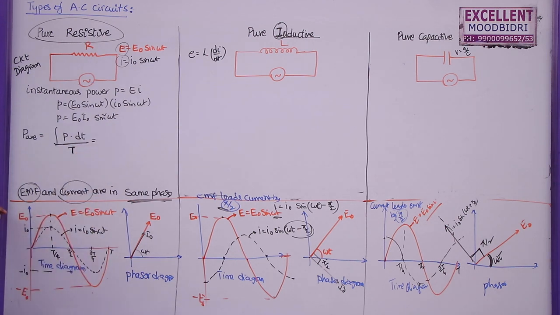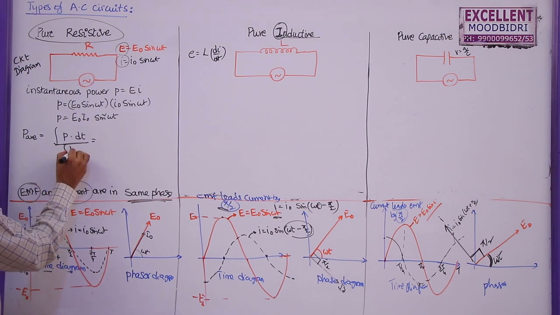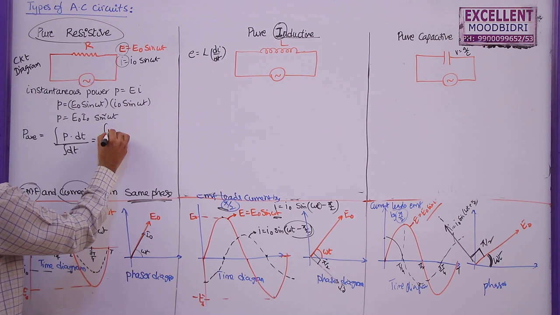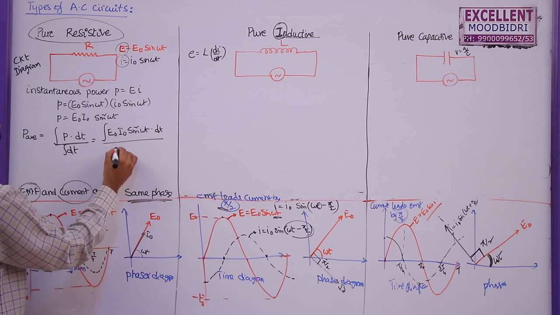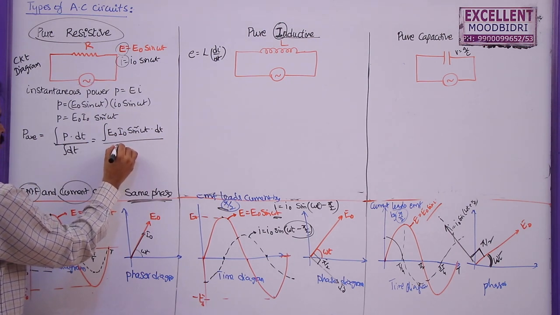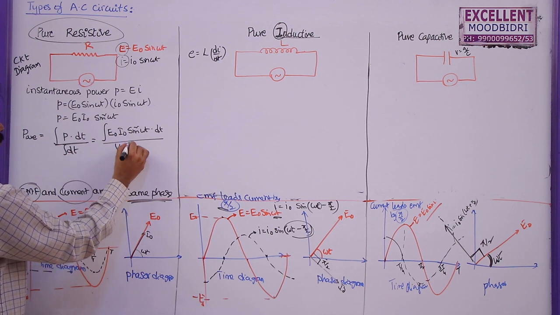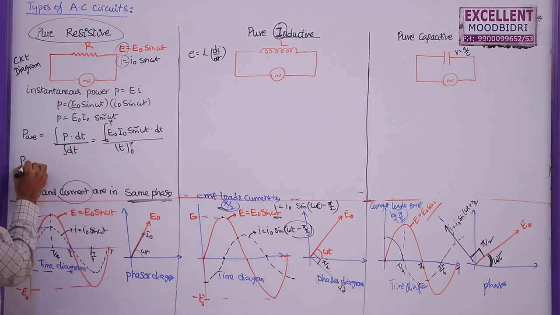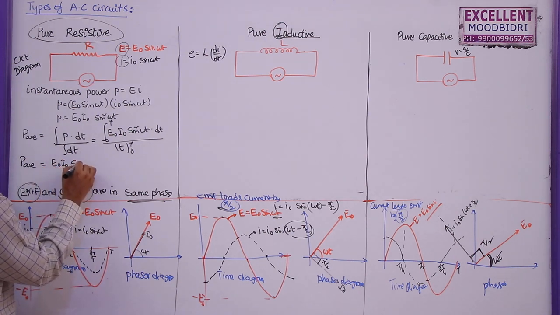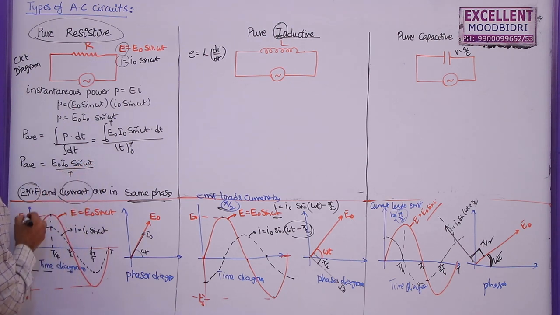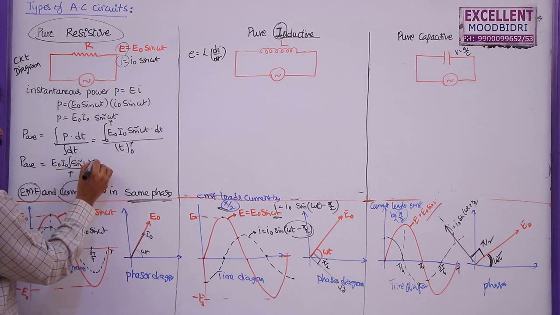So this can be written as E naught I naught into the integral of sin square omega t dt by the integral of dt, with limits 0 to T. So the average power consumed in a full cycle is given by E naught I naught sin square omega t by T, and the denominator is the integral of dt.